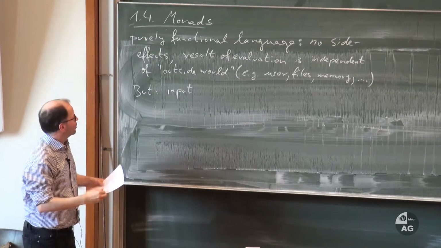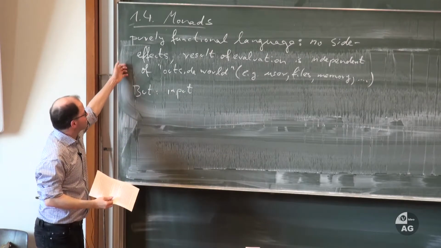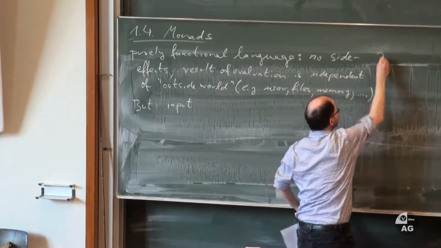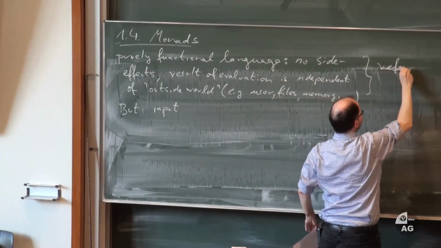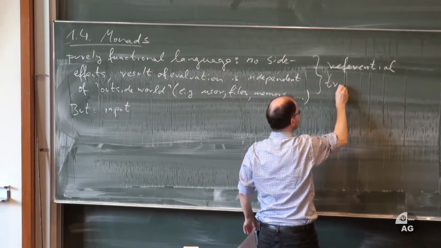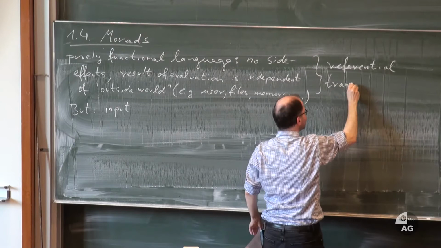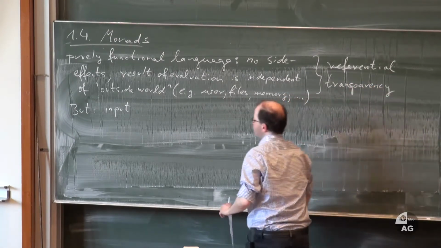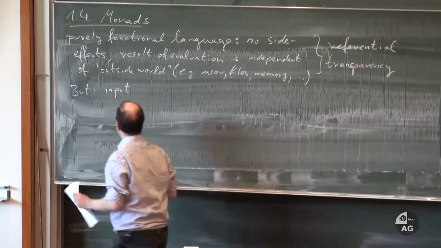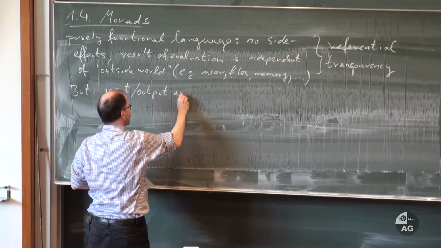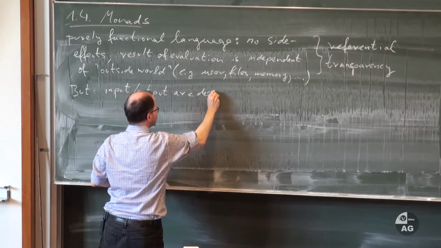So how can we combine this nice view of the world, this referential transparency, as it's called, with the fact that input and output are desired side effects?